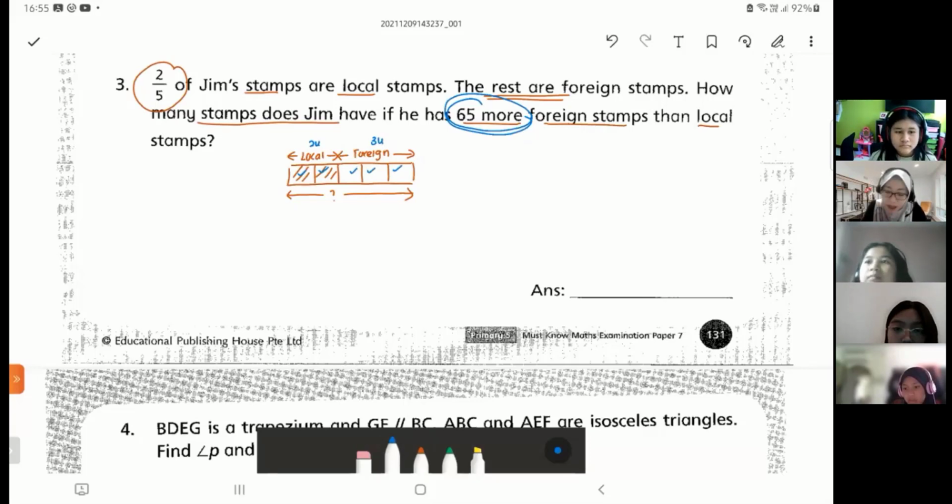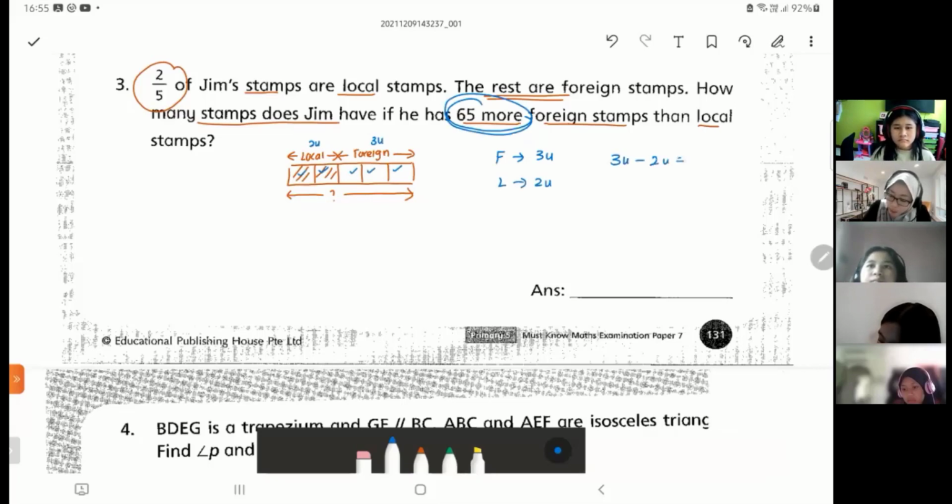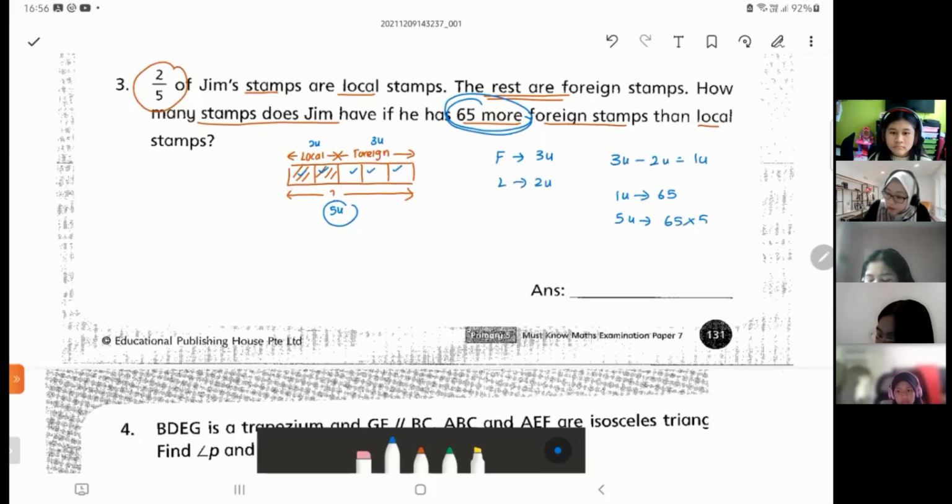Foreign is 3 units, local is 2 units, and you can see that the foreign is more. How many more? 1 unit more. So this 1 unit is 65. How many stamps does he have in all? Everything is 5 units. This is what I want to find out. 5 units is 65 times 5, and I get 325. That's the answer.